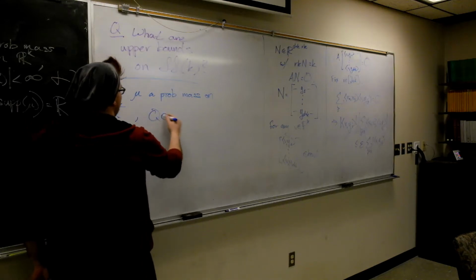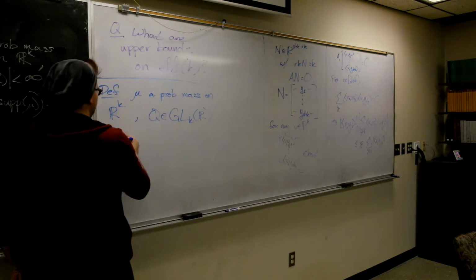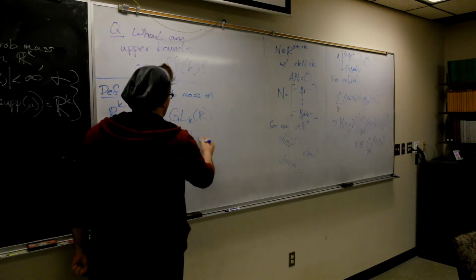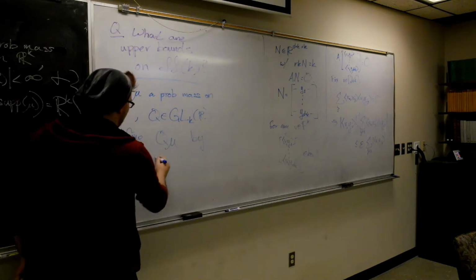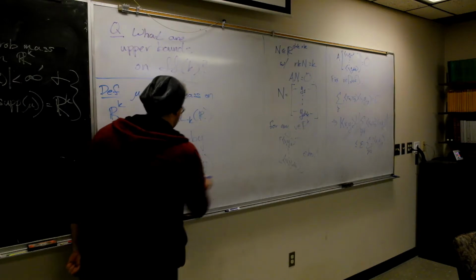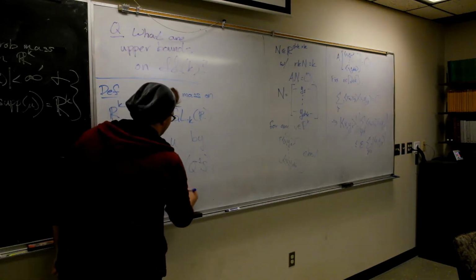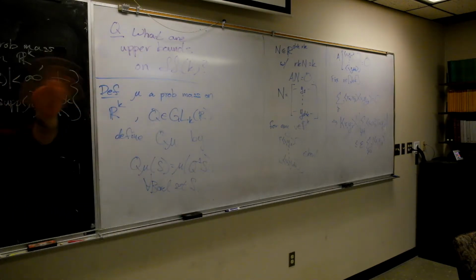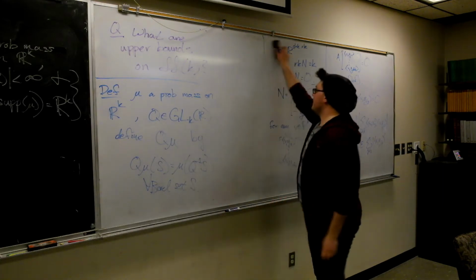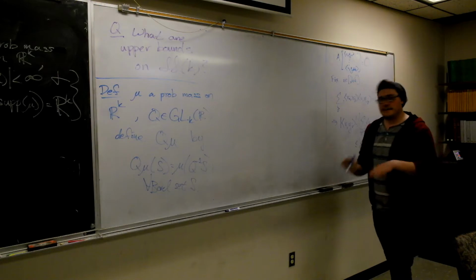And let's say I have some Q, a general linear transformation. You can define Q mu by Q mu of S is just mu of Q inverse times S for every Borel set S. So just the natural thing: apply the linear transformation to your support. And in fact, anything like this leaves L unchanged.